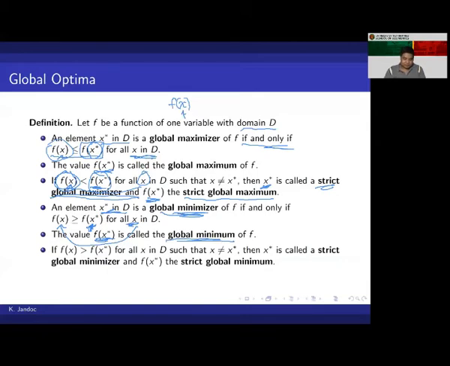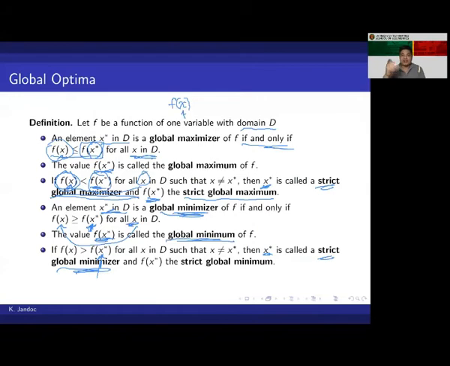And then analogously, we could call x star a strict global minimizer. Whenever you plug in x star in the function, it will yield a value that is strictly lower than any other x in the domain.